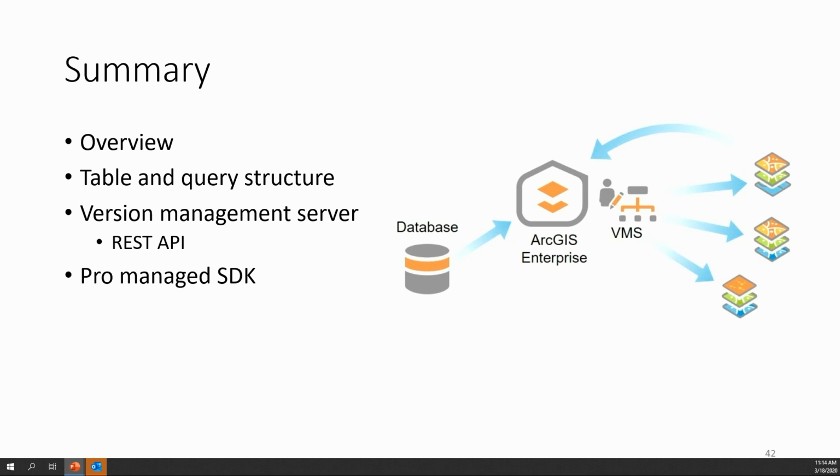Also, even in the Pro managed SDK, we've made statements about it's only for DML. We have heard some of you say, gosh, it would be really nice if we could do some basic DDL type operations inside my tool. It would be really nice if I didn't have to call out to a GP tool and I could just create a table with a simple schema.